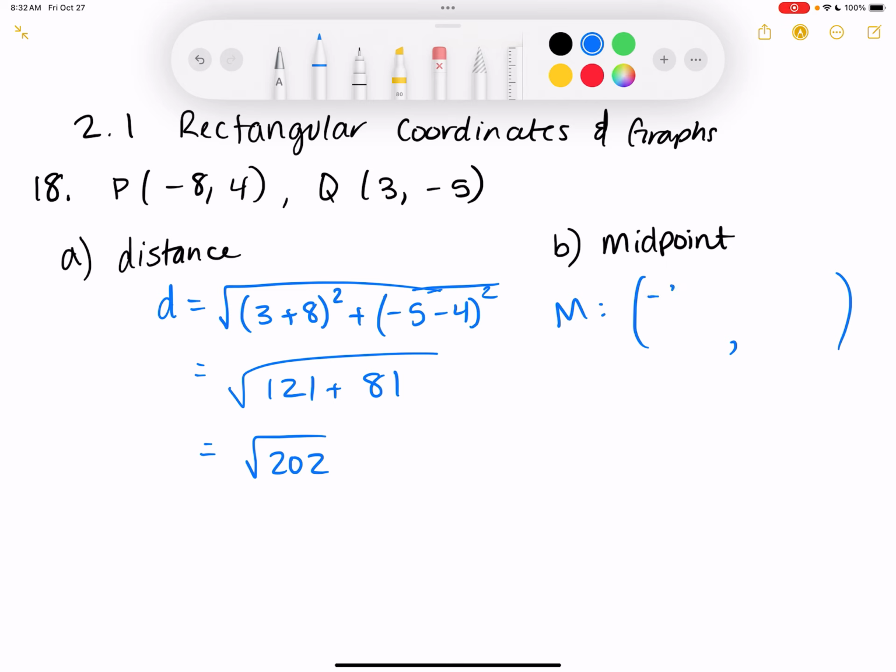So -8 plus 3 divided by 2, and 4 plus a negative, so -5 divided by 2. So this ends up giving us -5/2 and -1/2 would be our midpoint, and that would be all you have to do. So slightly easier math than what we've been doing probably.